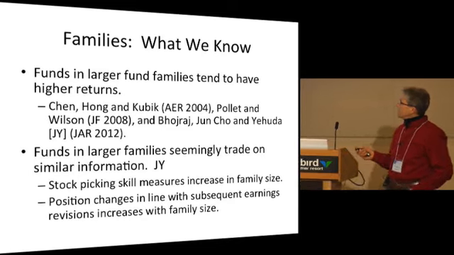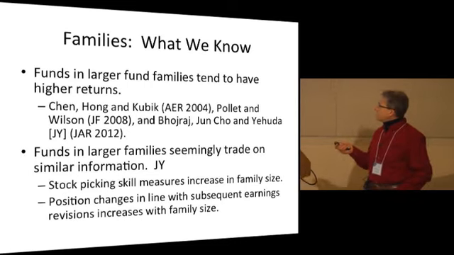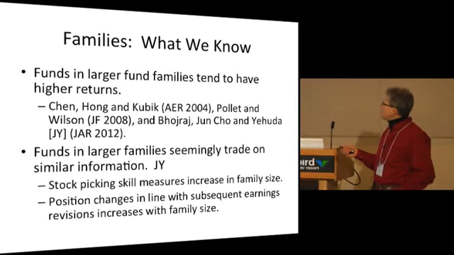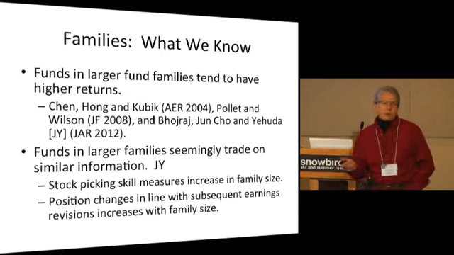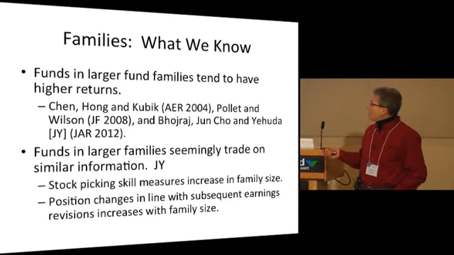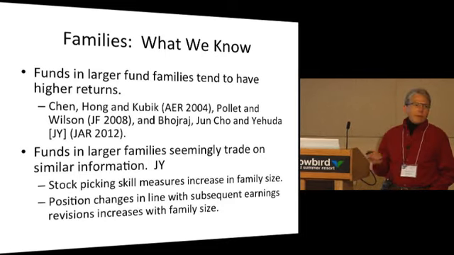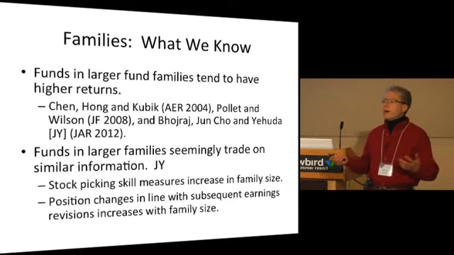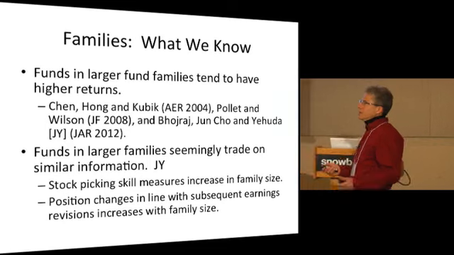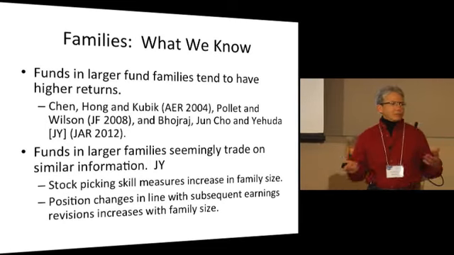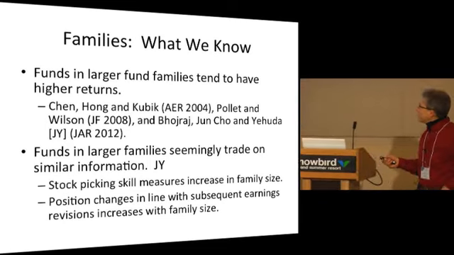Stock picking skill measures increase in family size. Position changes in line with subsequent earnings revisions increase with family size. So it does look like we already have information and data showing that families matter, right? People within a family behave in some sense similarly already.